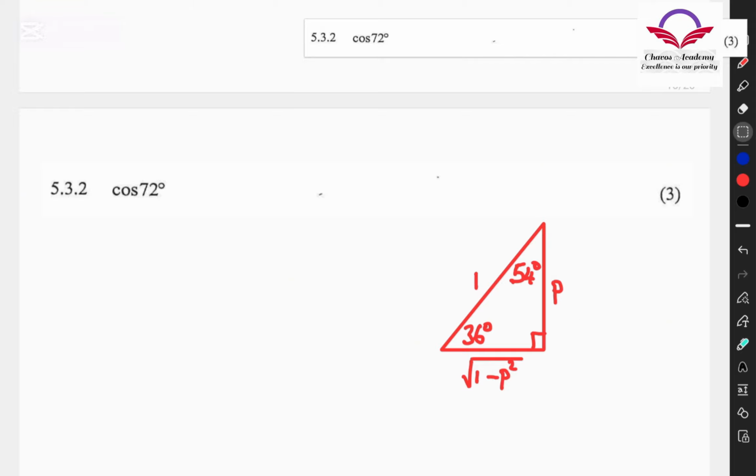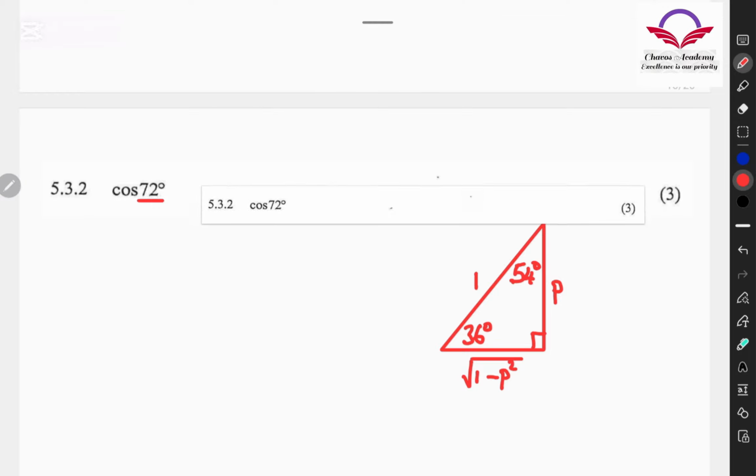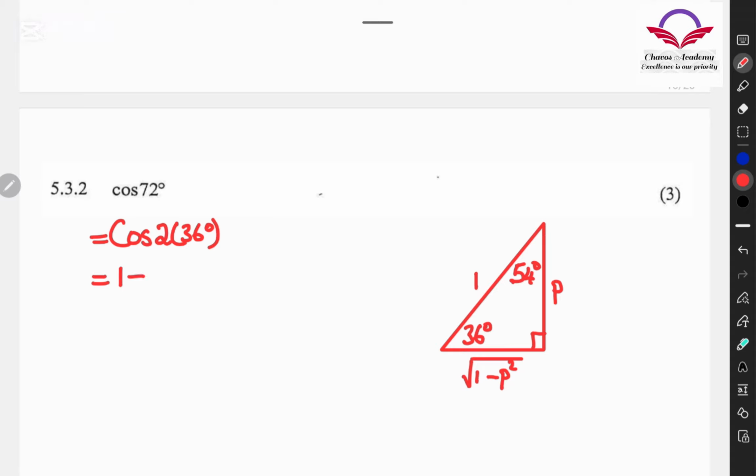And the second one here, we need to find the value of cos 72. This one, we should realize we're talking about the double angle there. This will be cos of 2 times 36, and that will be 1 minus 2 sine squared of 36.